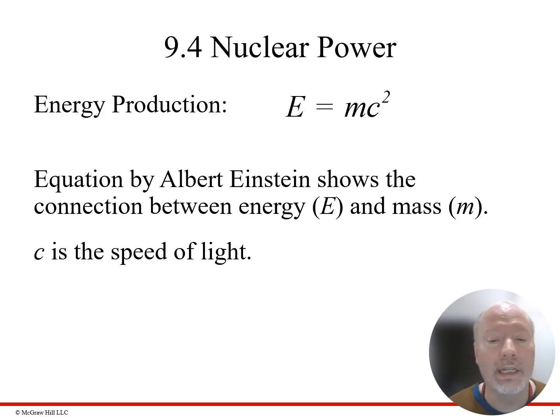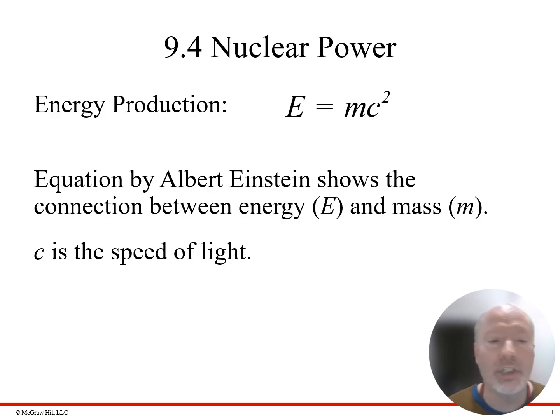Energy production, we can look at something very simplified rather than looking at mass amount of equations. This class is not really designed to do the mathematics behind this, but quite simply E equals mc squared. If you have some mass times the speed of light squared, you get some energy, and that can be converted into kilojoules or other forms of energy units.